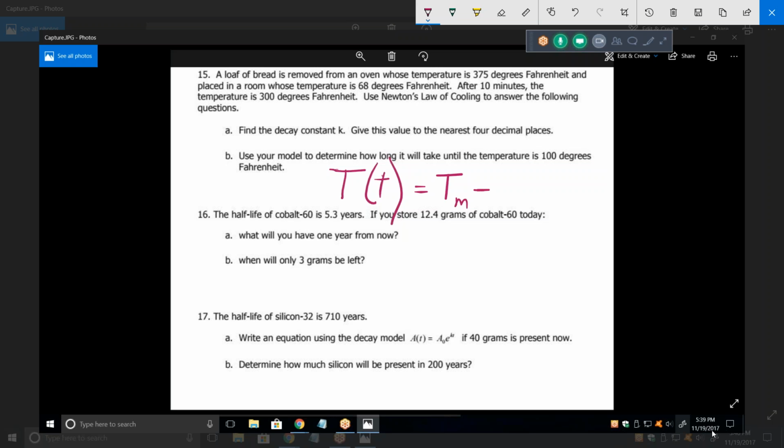And it's minus, and over here we got T of the medium minus T of the original, or the starting. The rest of it? And then it's times e to the power of kt. I think it's minus kt.